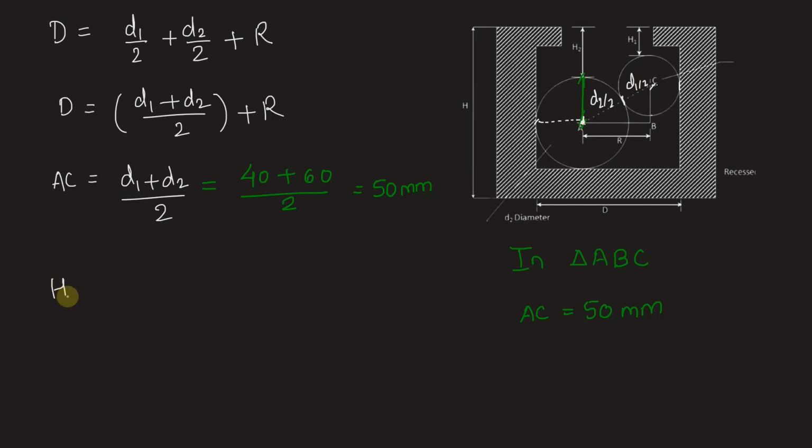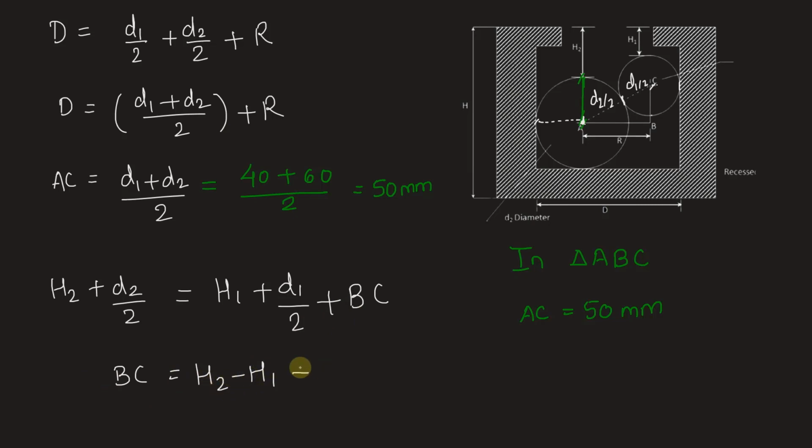So we can write H2 plus D2 by 2 will be equal to H1 plus D1 by 2 plus BC. From here, after rearranging, we can get BC as H2 minus H1 plus (D2 minus D1) by 2.